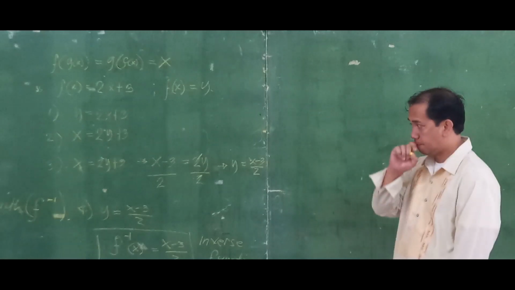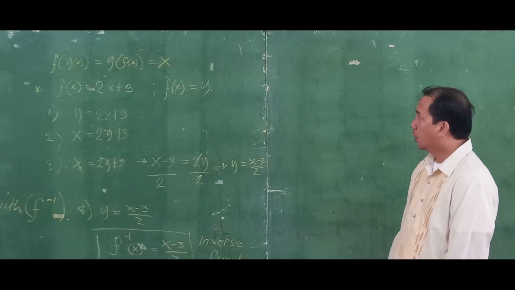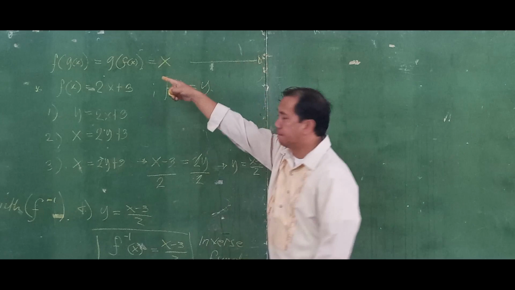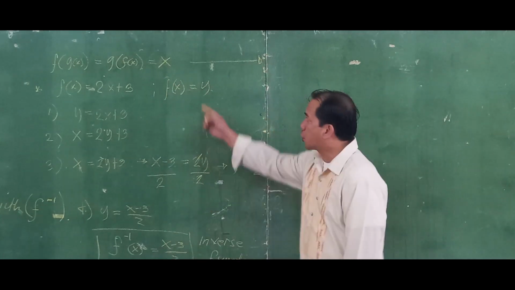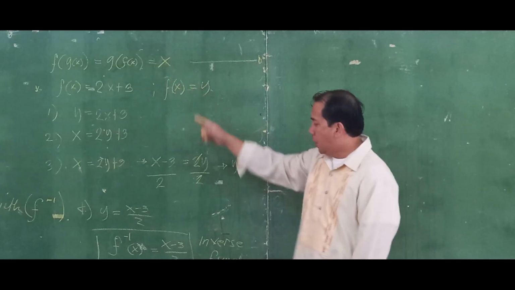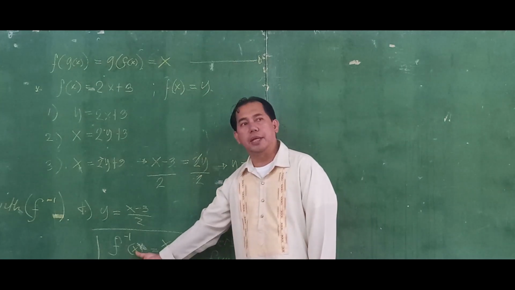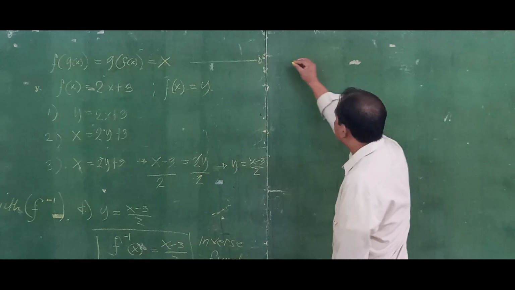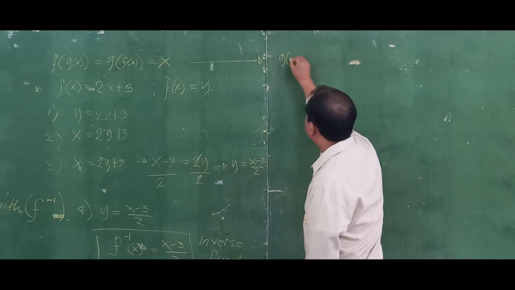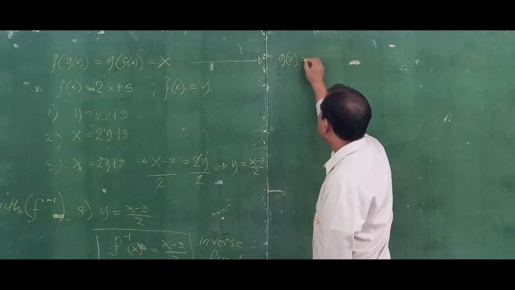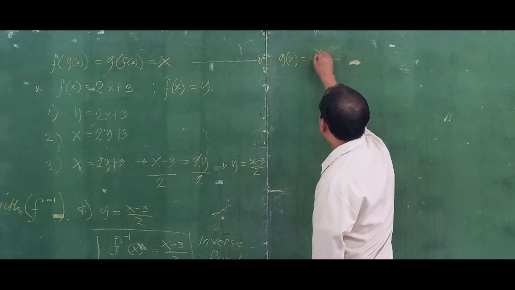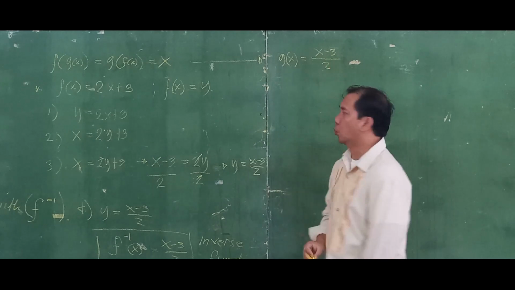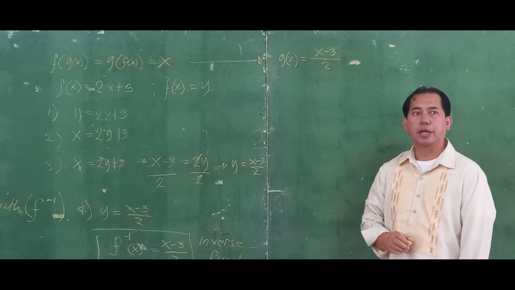Notice that we are going to elaborate this one. Now, in our illustration, we will replace this one with g of x. So our g of x will be x minus 3 over 2.